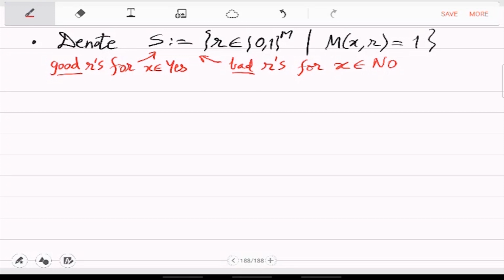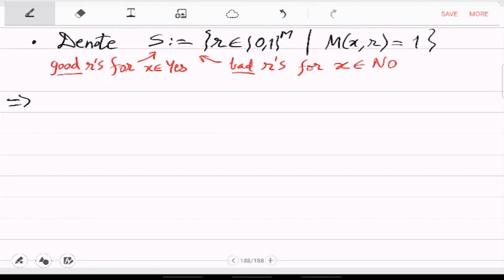The set size will actually drastically change for the yes. When x is a yes string, S will be very large. When x is a no string, S will be very small.